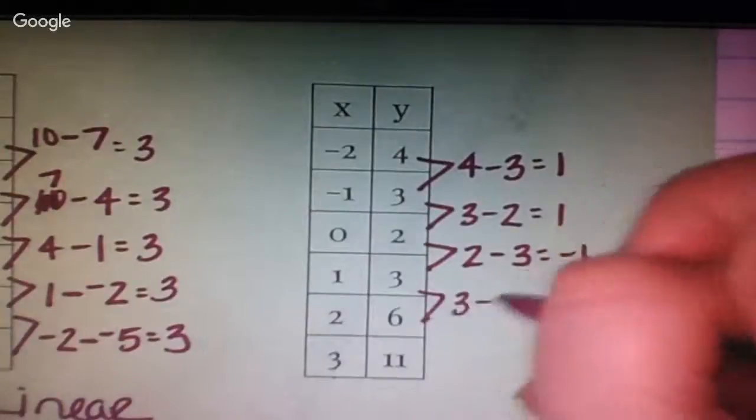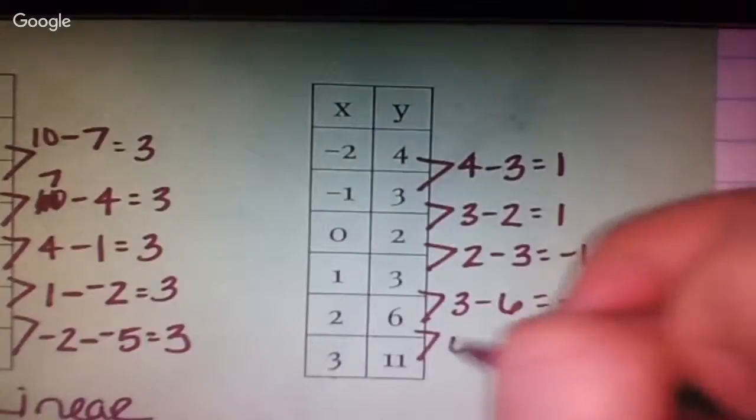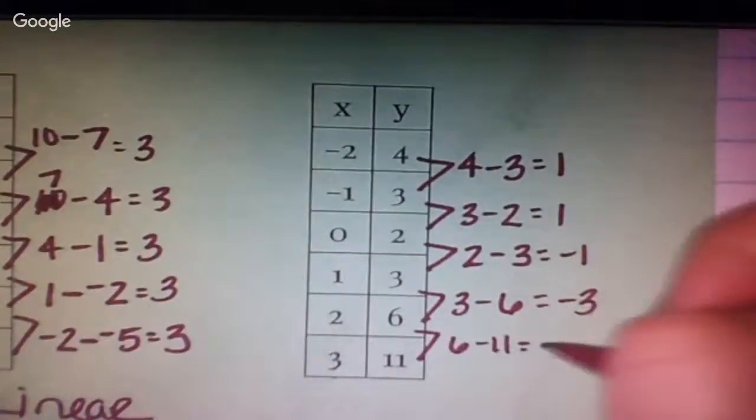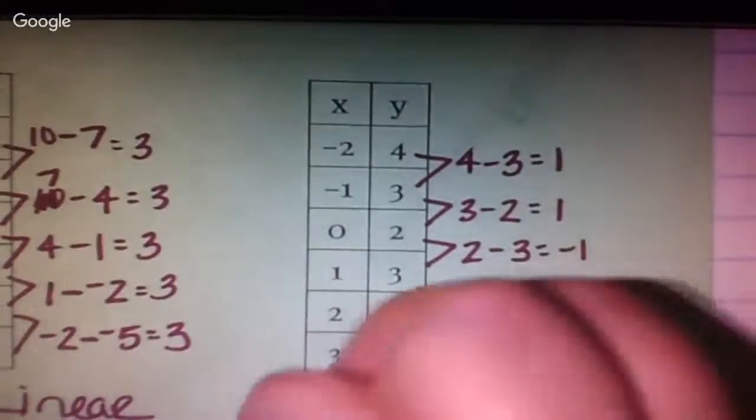What's 3 minus 6? What's 6 minus 11? Okay. Non-linear. It's not linear. So you can put down here not linear.